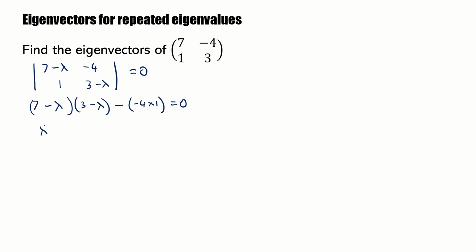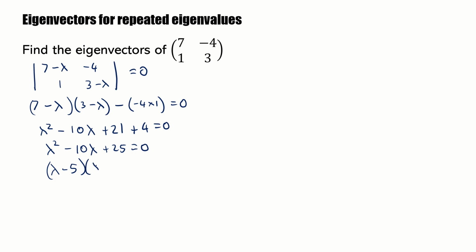That will get us lambda squared minus 10 lambda plus 21 plus 4. Which means we get the very nice quadratic that looks like this, which means that we end up with repeated eigenvalues, surprise, surprise, or not, because I already signposted that we're looking at an example that did that. Our repeated eigenvalue this time is lambda equals 5.